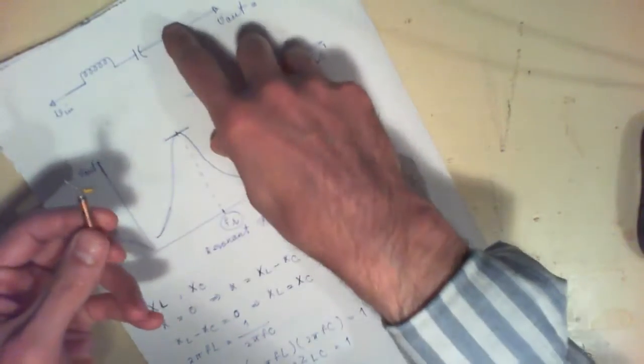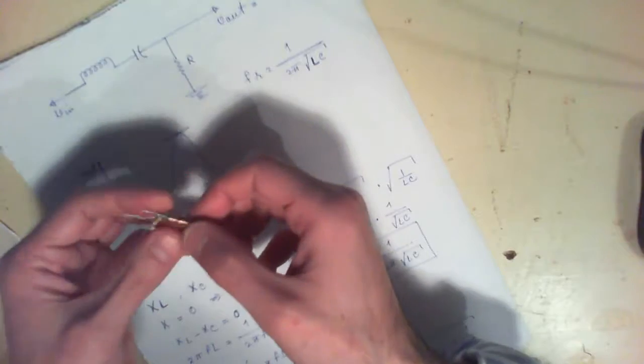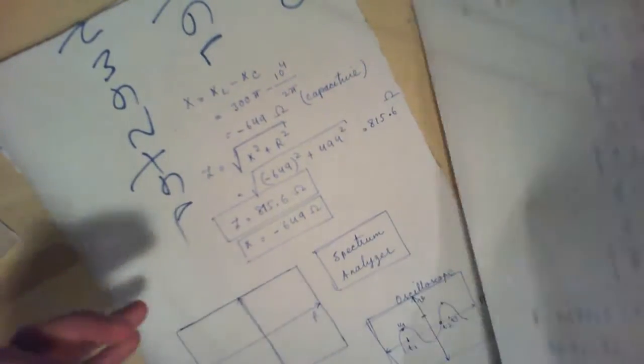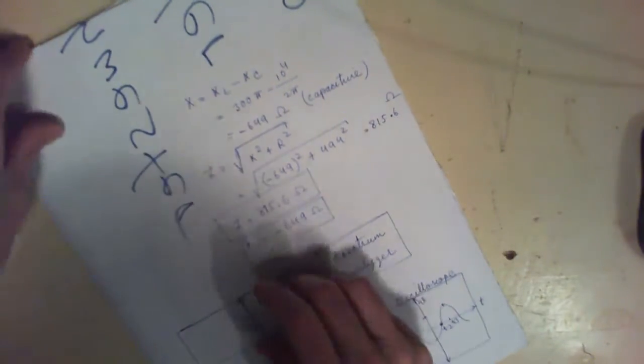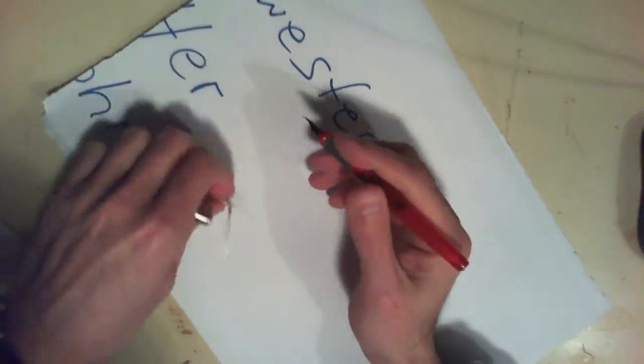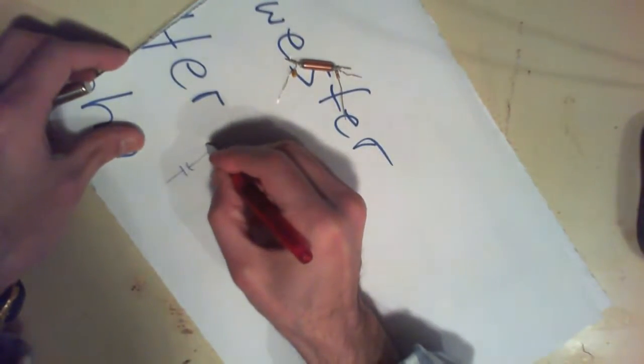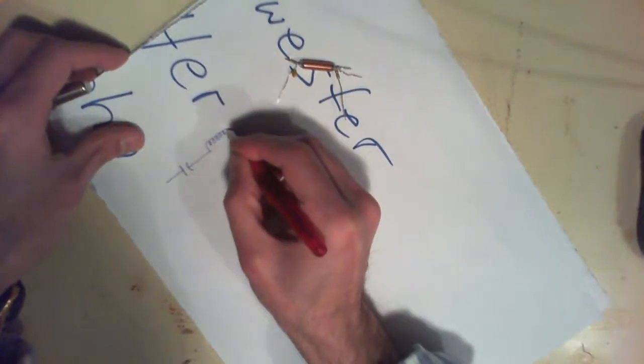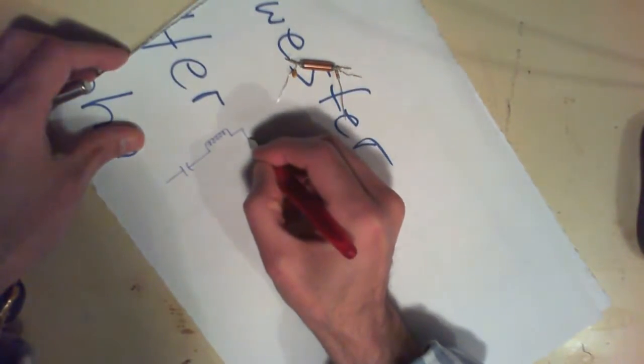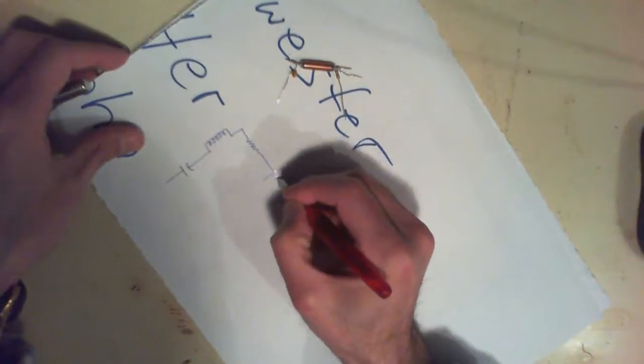My output is where the inductor is connected to the resistor. So the circuit that I have is some capacitor over here, connected to an inductor, and then that inductor is going to a resistor, and that's connected to ground.